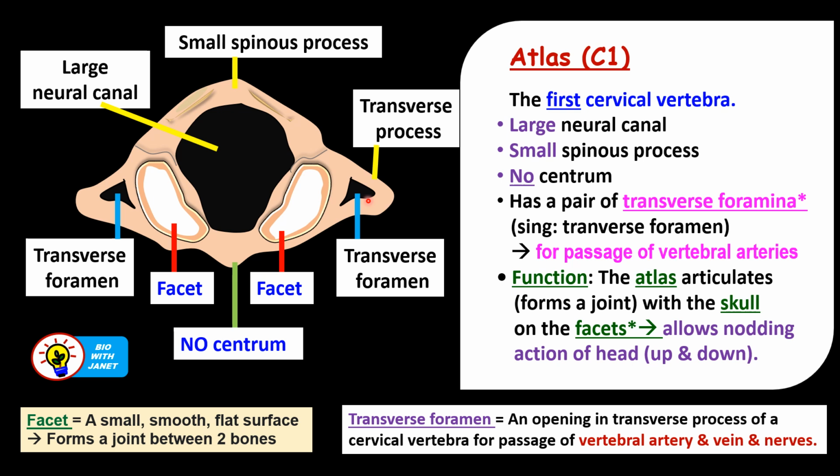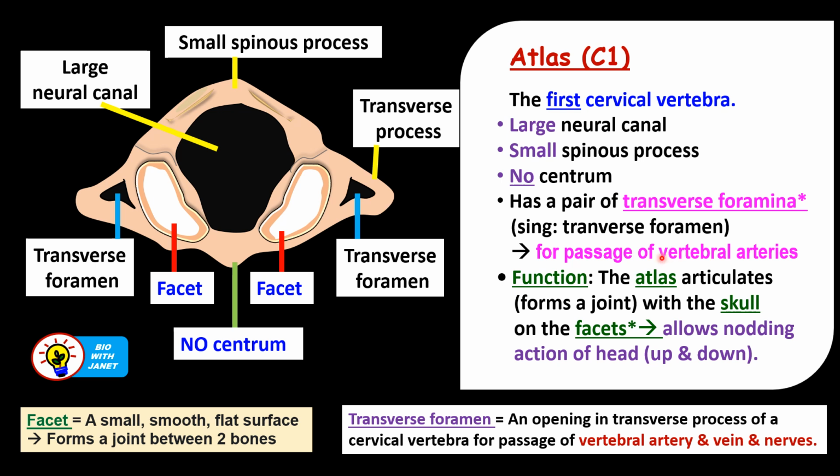So this artery has to be protected, because if it's injured, then the brain may not get the blood and it may be damaged, right? So this artery will go through this transverse foramen to reach the brain.